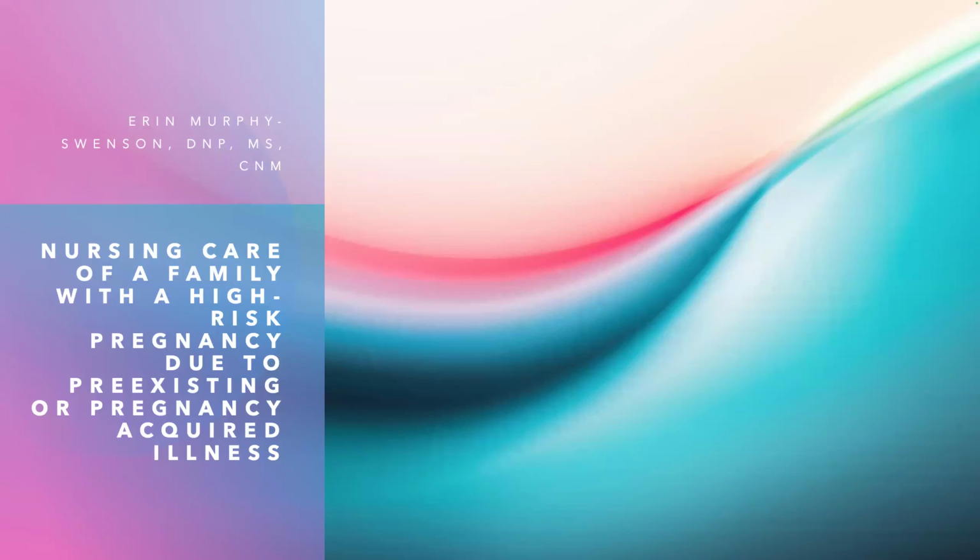Okay. So today we're going to talk about nursing care of high-risk pregnancies due to pre-existing conditions. This can either be due to a condition that they had prior to pregnancy or a condition that they acquire in pregnancy.